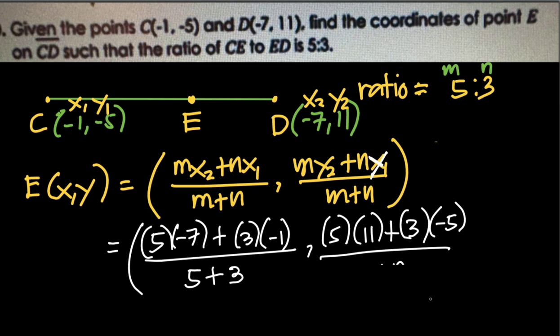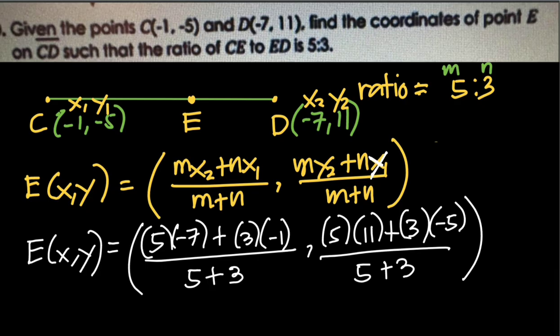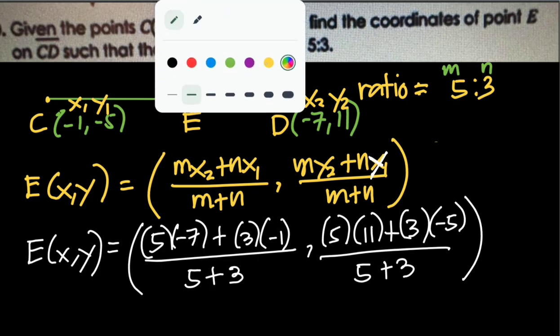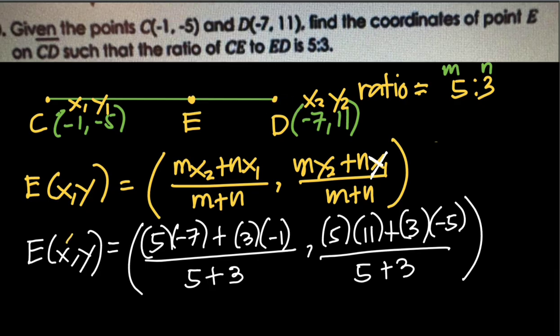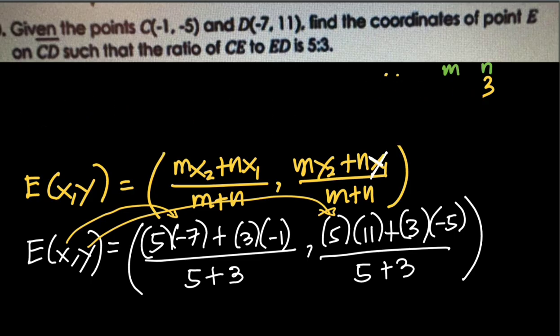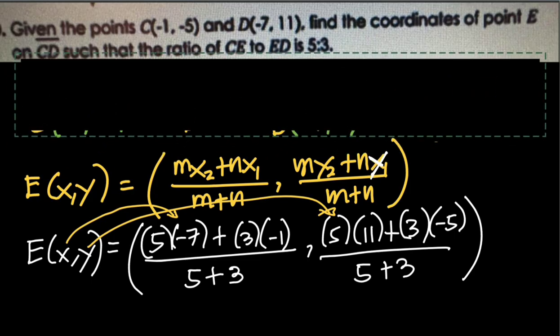Now, m plus n is 5 plus 3. These values correspond to the coordinates of point E: the x-coordinate corresponds to this, and the y-coordinate to this. Then we can now solve for the coordinates.